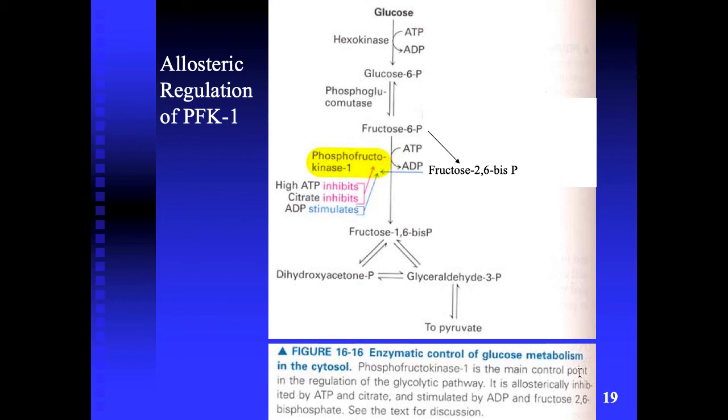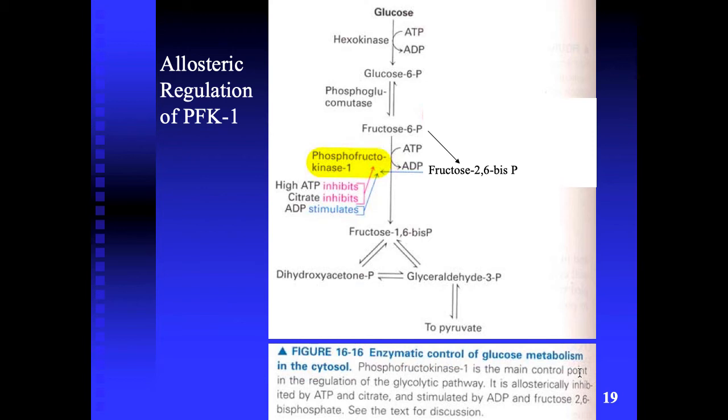So it's kinase 1. The difference in this molecule to this one is this molecule has a phosphate on carbon number 2. So what would we call this enzyme? PFK2 does this.